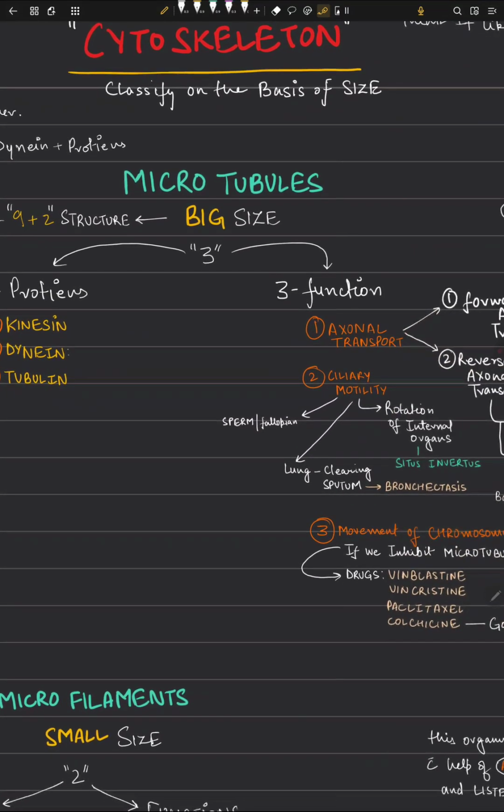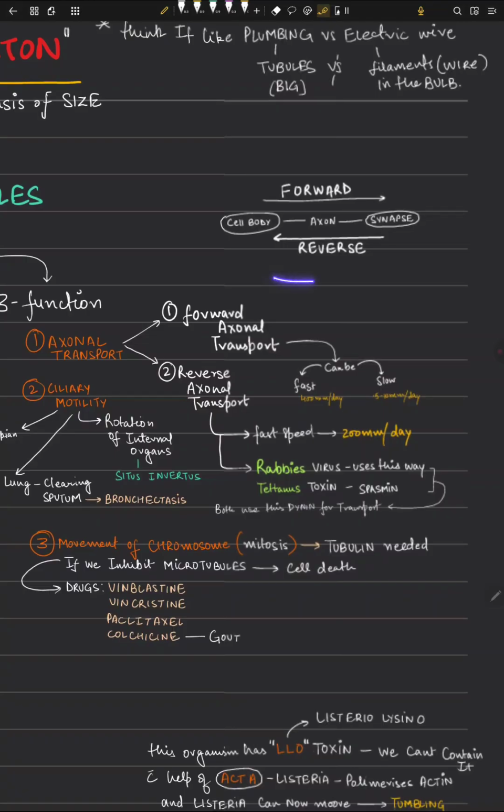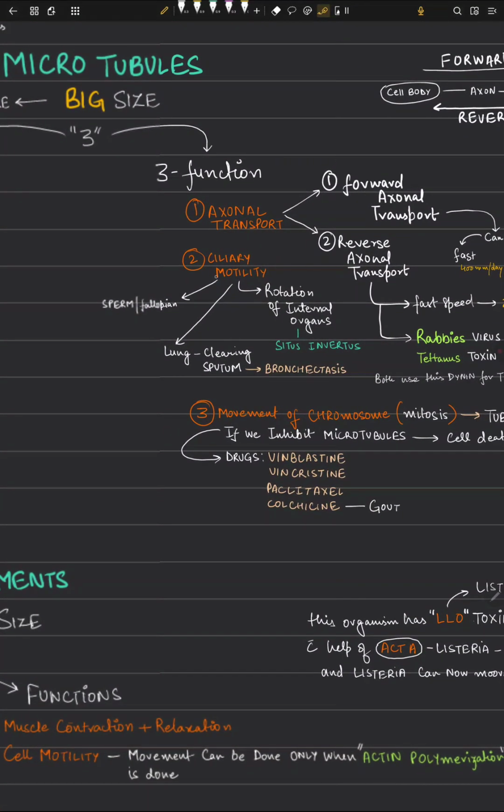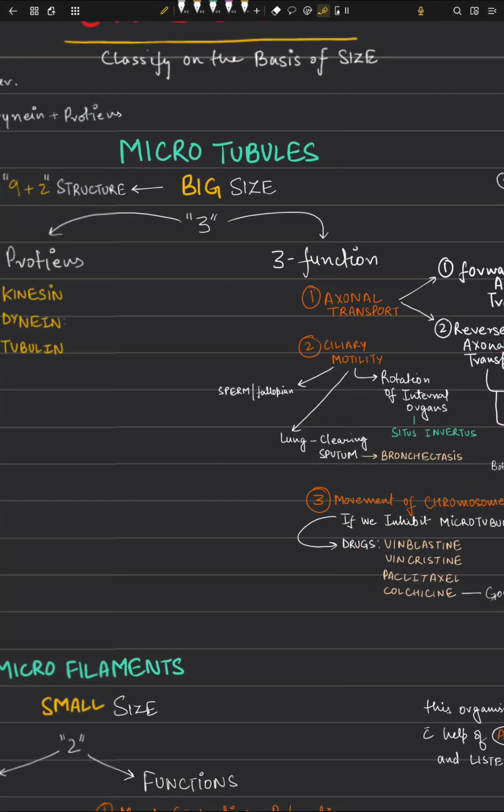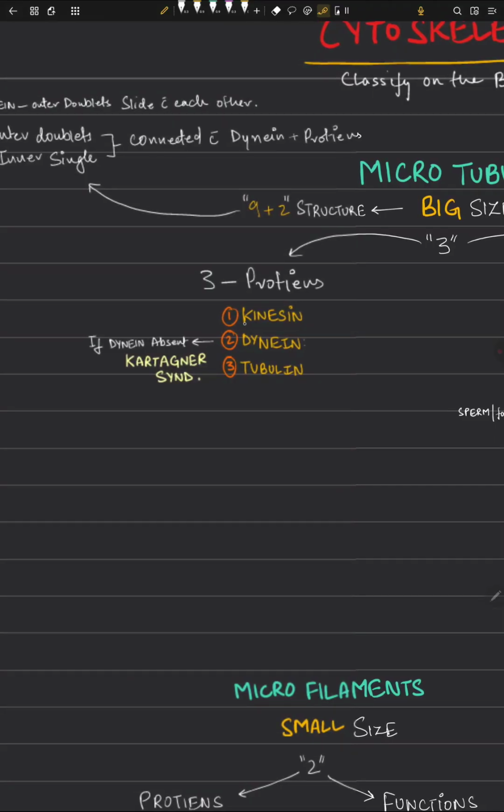What are their functions? The first function is axonal transport. The second function is ciliary motility. And the third function is movement of the chromosome. That's very important. So the first is kinesin, second is dynein, and the third is tubulin.